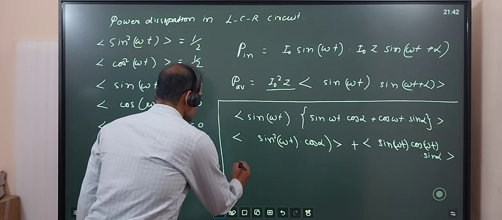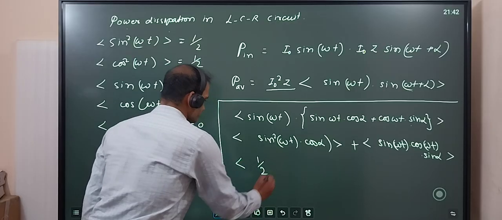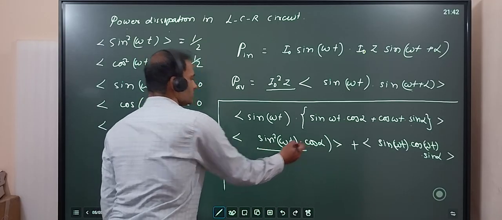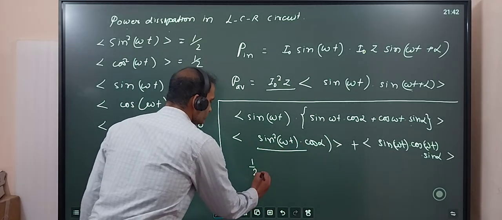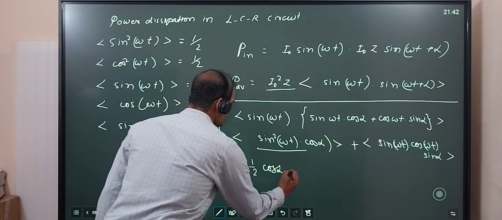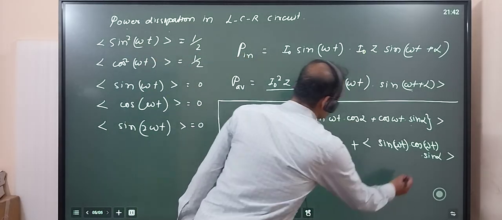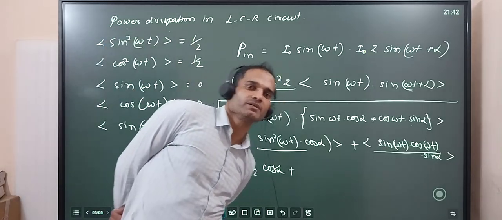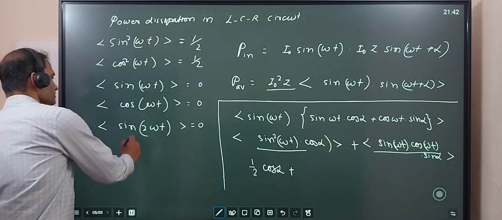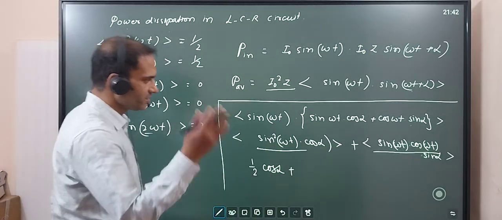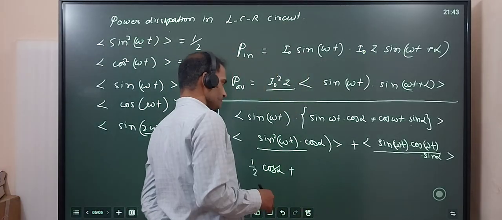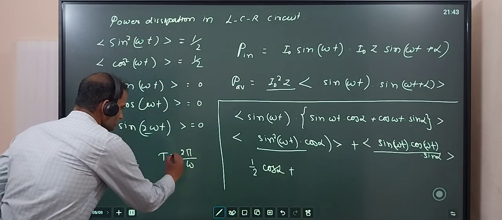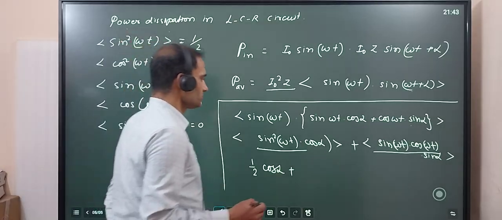The average value of sine square omega t is half, so this is half cos alpha, plus this will become sine 2 omega t divided by 2, and sine 2 omega t over one time period will be 0. One time period means time t equal to 2 pi by omega, this thing is going to be 0.